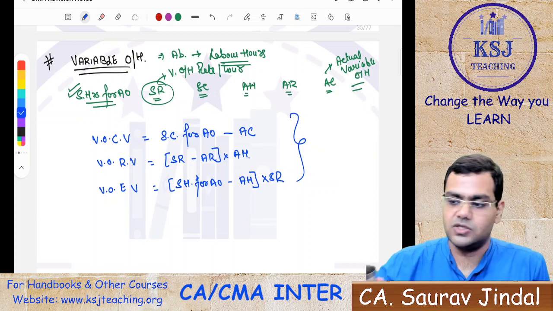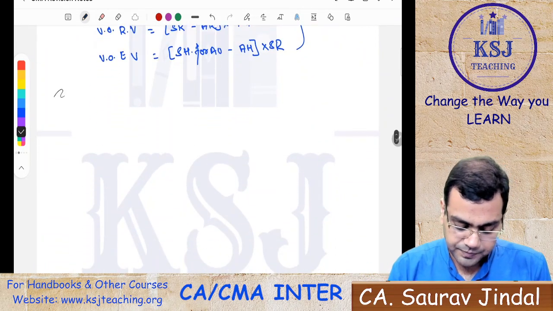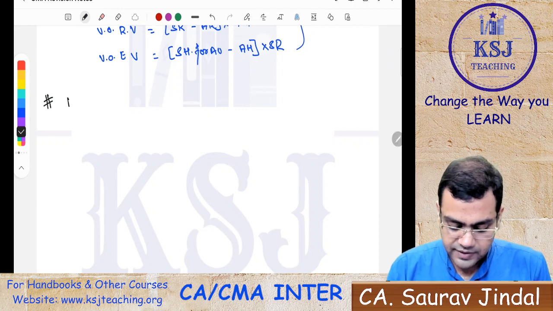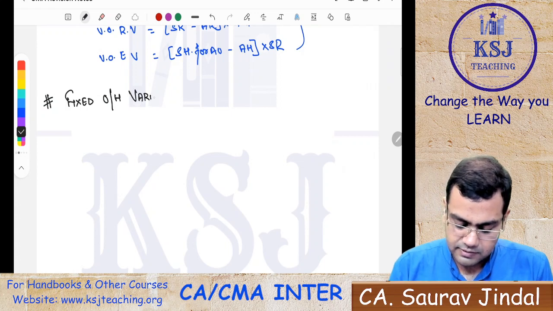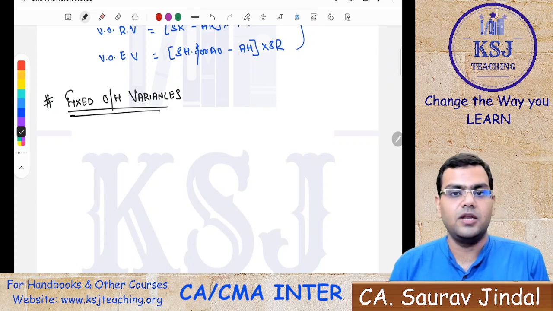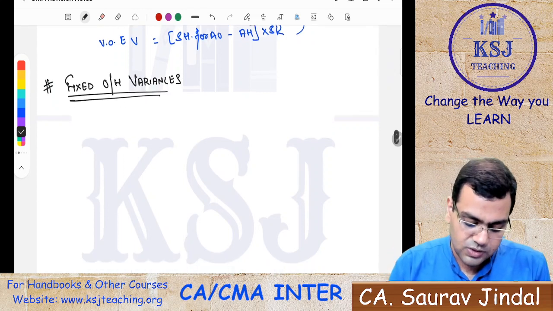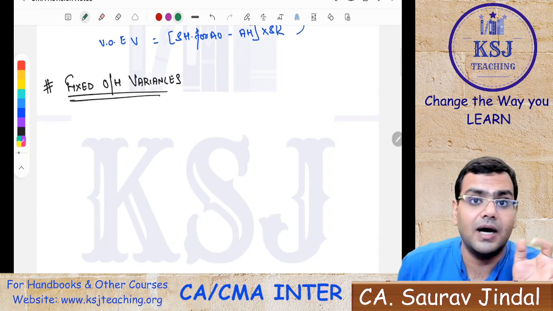Now coming to the fixed overhead. The fixed overhead is a little bit typical. Fixed overhead variances. Again, in most cases these variances will be absorbed on the basis of labor hours.